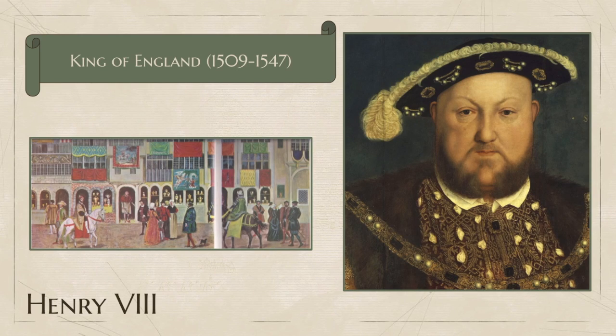So, Henry VIII was the King of England from 1509, roughly, to his death in 1547. And we'll go a bit more into depth with him later on when we discuss the English monarchy. But Henry was a really interesting monarch at the time. He went to war almost every decade with France, and he began reigning at 17 years old after the death of his brother.